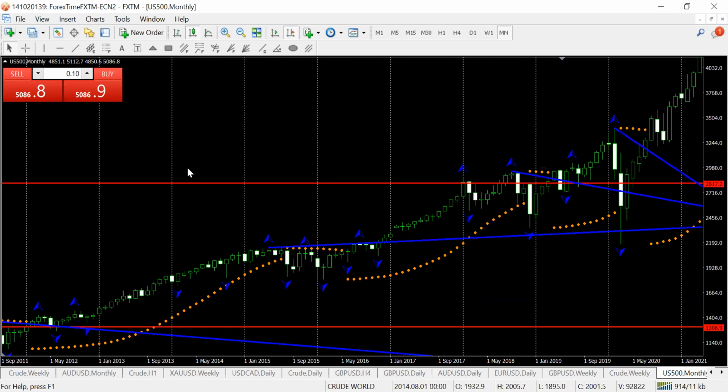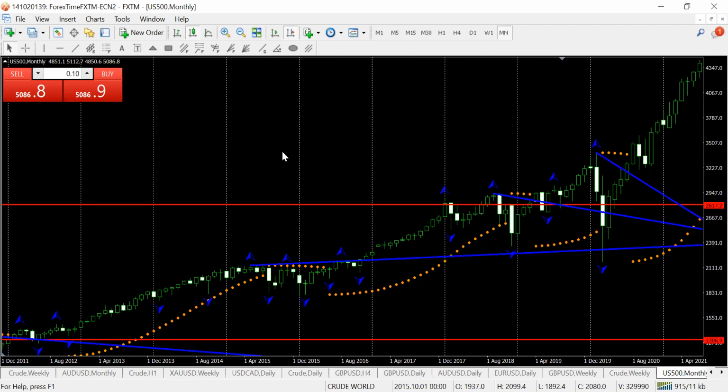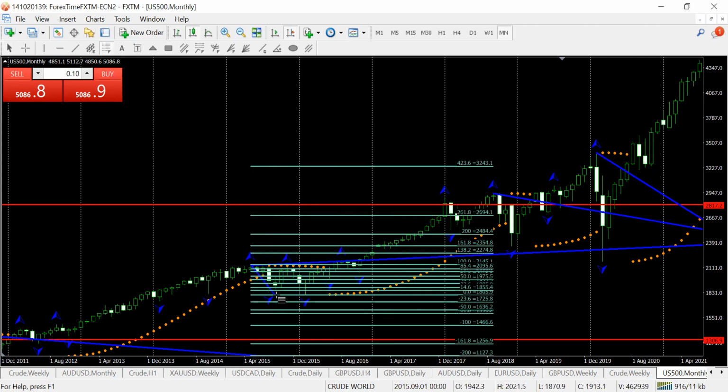If you want to measure your target, once this signal is generated, you have the resistance origin and the support origin. So take the range of this range, then you can extend your profit to 161. Sure, the extension might be 200, but the minimum is 161.